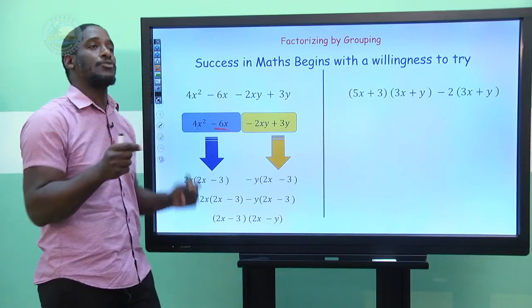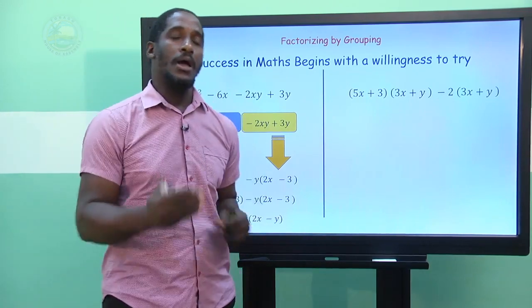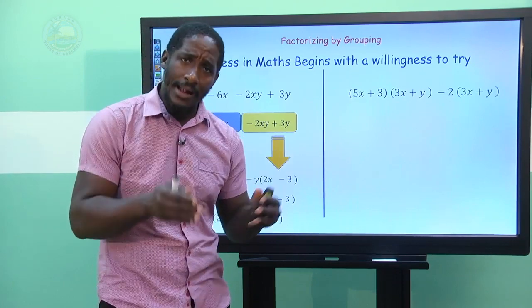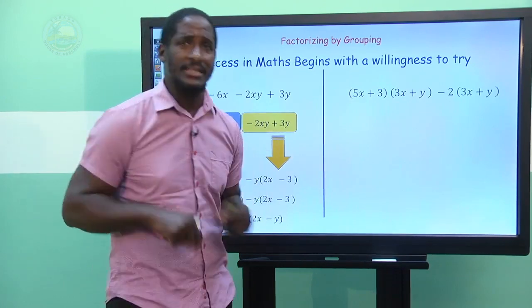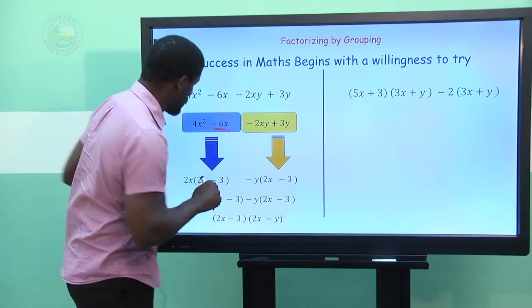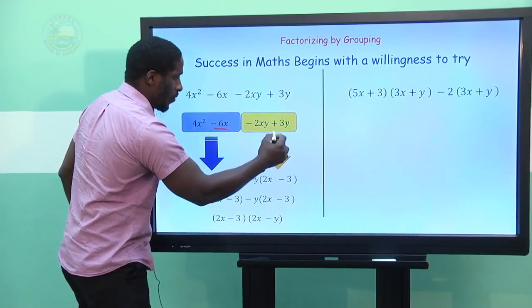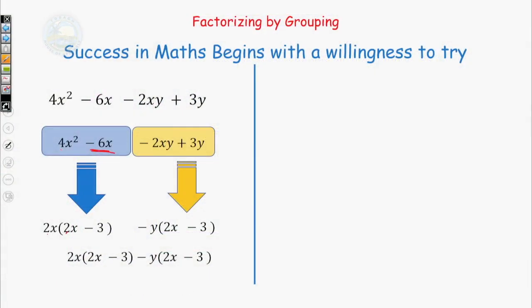And if you cannot recall how to multiply your terms in algebra, just check the video that we did on algebraic multiplication. We did that video for your benefit. So we go along. In the next pair, what do we have as the common factor? The common factor in the next pair is minus y.